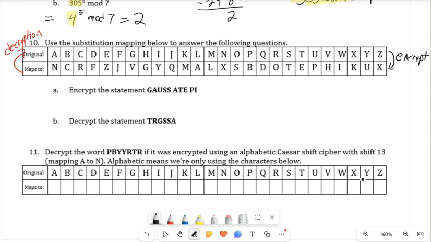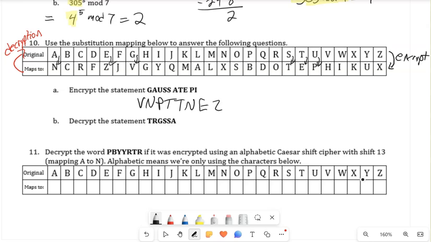So G, V, A, N, U, P, S, T, S, T. A was an N. T, E. So G-A-U-S-S, A-T-E.